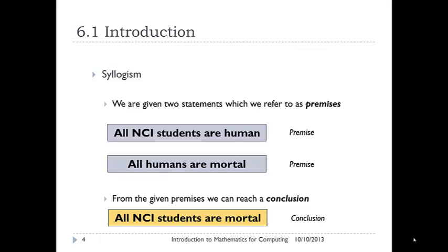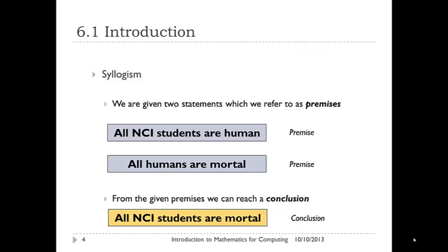Now I would draw your attention to the use of the word all in the premises and also in the conclusion. This word all is in some way quantifying the subject matter of the statement. So we're saying that every NCI student is a human. Every human is mortal.